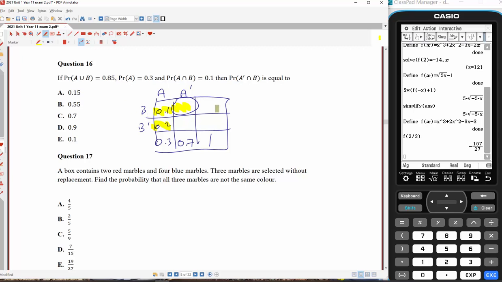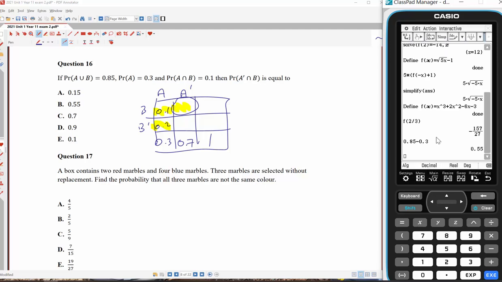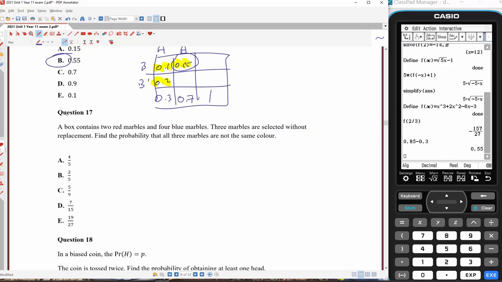So all I'll do is from 0.85, I'll remove the intersection and A only, which is 0.3, and let's just stick to decimals. So that's going to be 0.55, which is actually what we're after in the first place. So that has to be the answer.